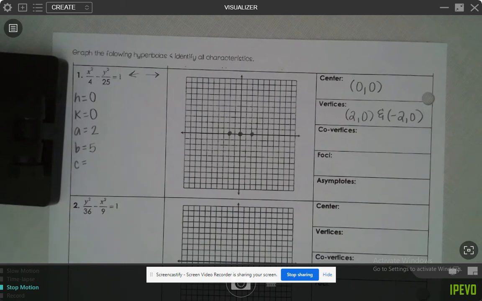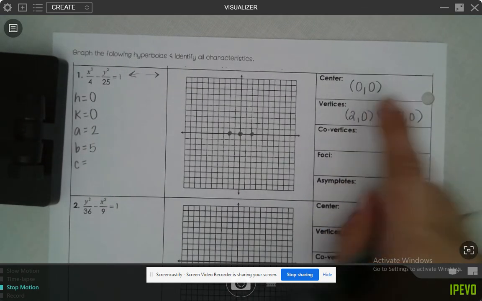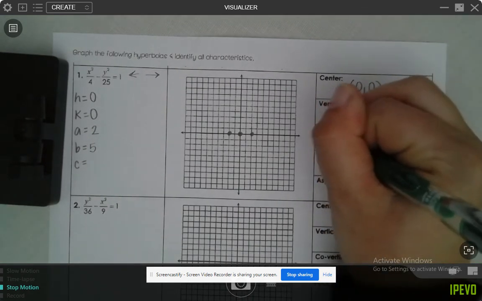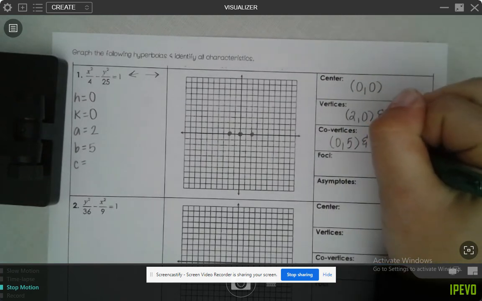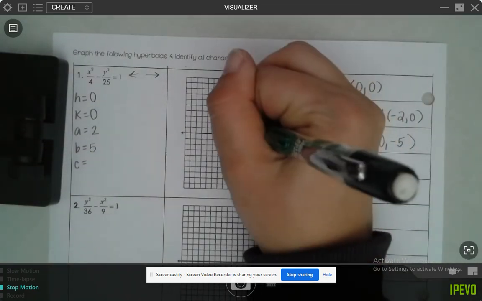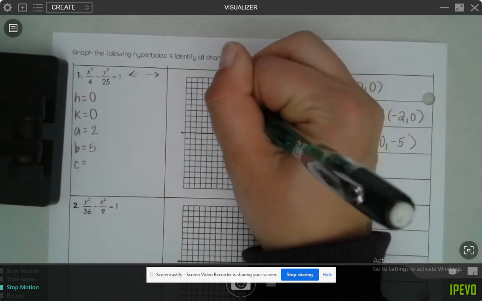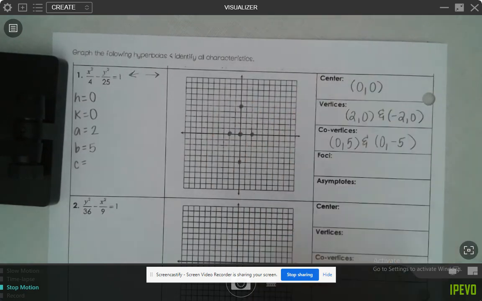Well, if I added A to X, I'm going to add B to Y. So I'm going to add 5, and then I'm going to subtract 5. Those are also solid points.